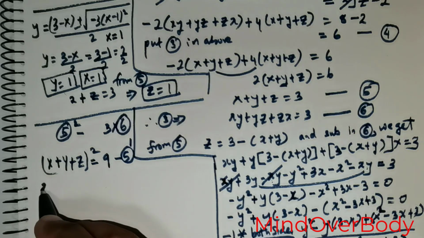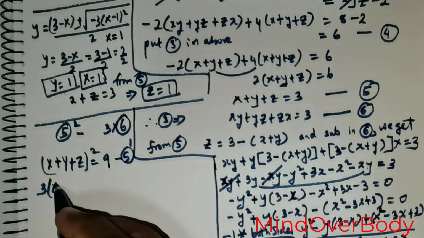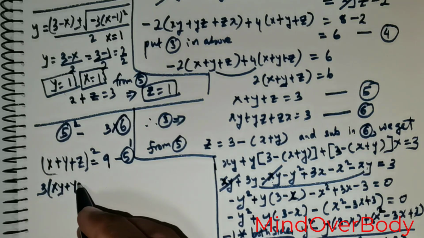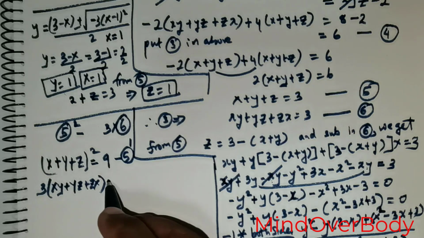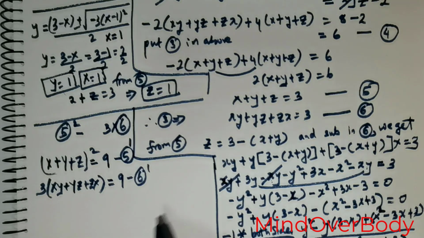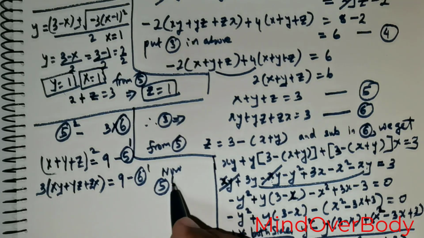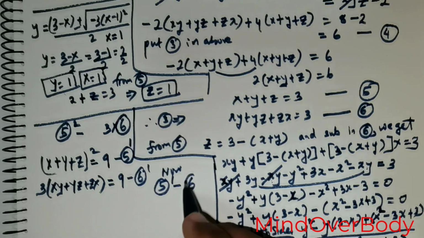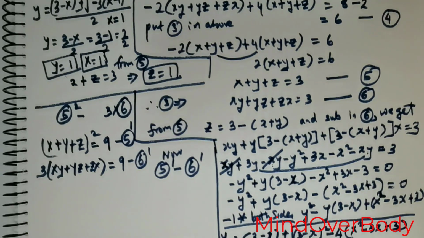So this is going to be 3 times (xy + yz + zx) is equal to 9. This is going to be my 6 prime. So now I'm going to subtract 5 prime minus 6 prime.